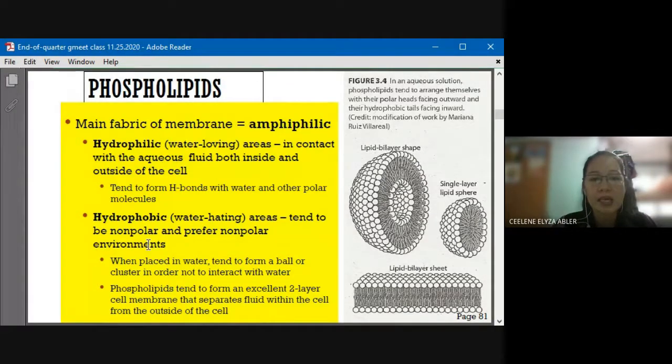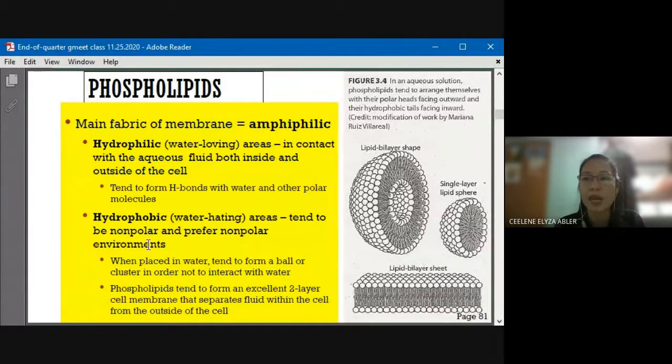And next is you have two, meron ka ring water-hating na areas of the cell. So it's actually the non-polar na mga substances ang kanya niya lang dadalhin. So kapag nilagay mo si cell class sa isang tubig, halimbawa, it's a water solution.